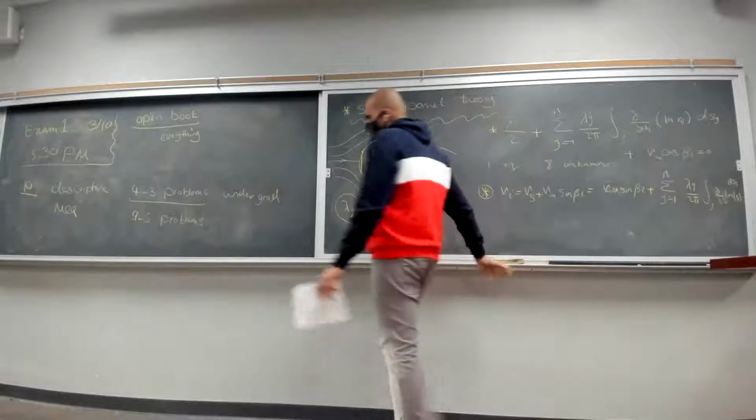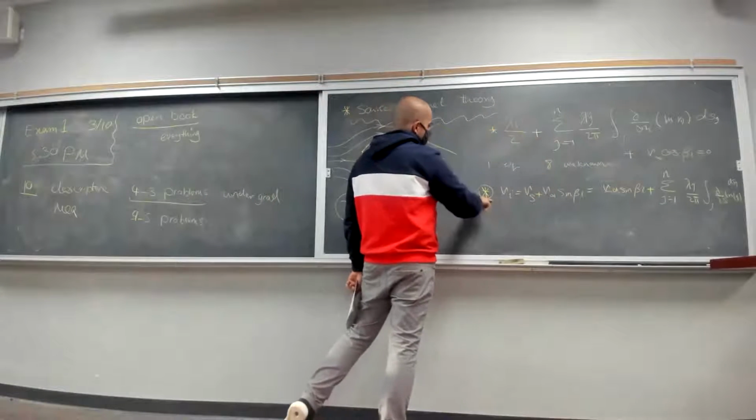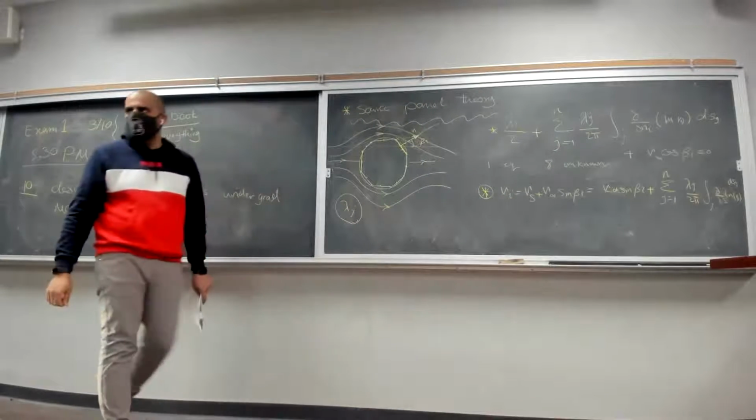Using this equation, if you find all the lambdas, you could just plug that in and get the velocity for each panel.